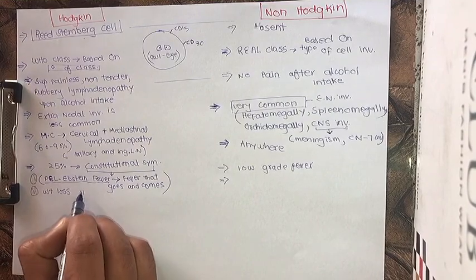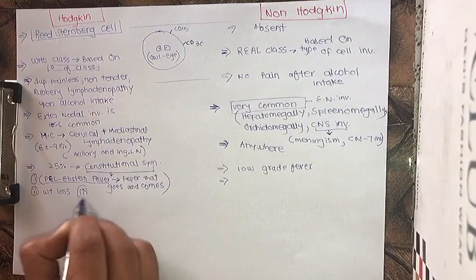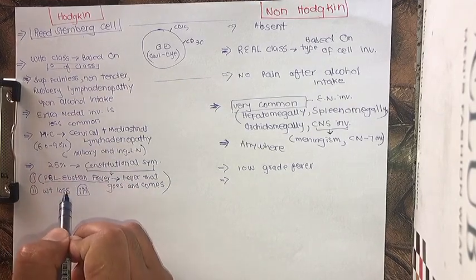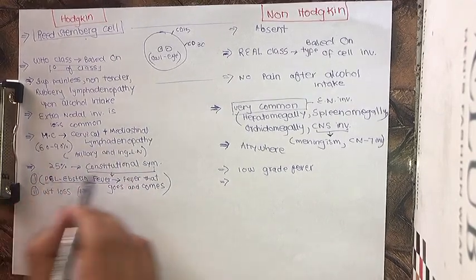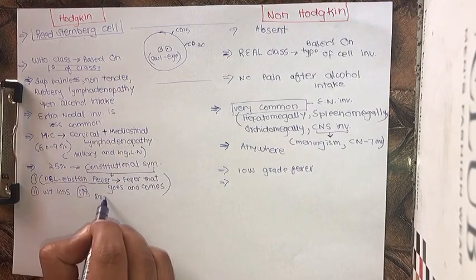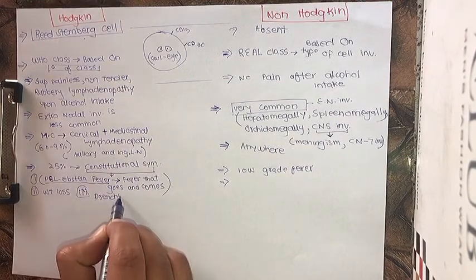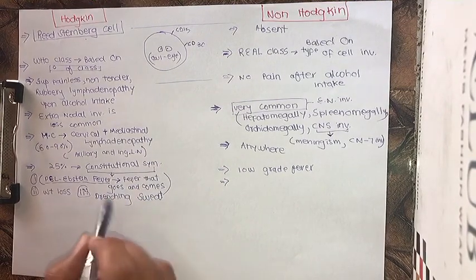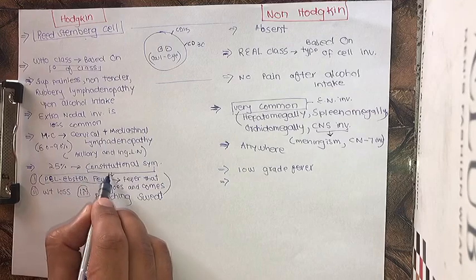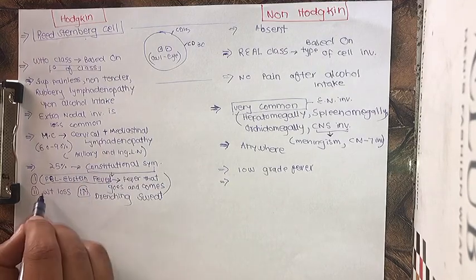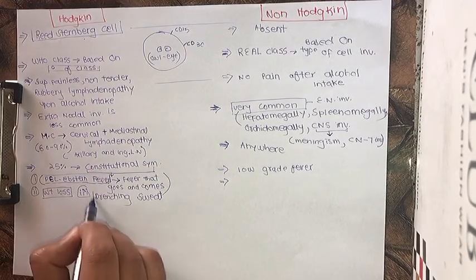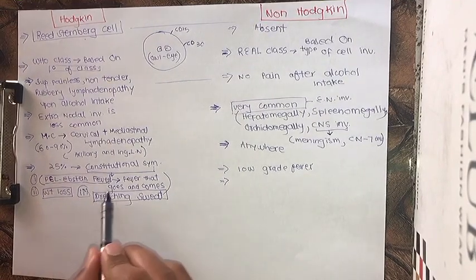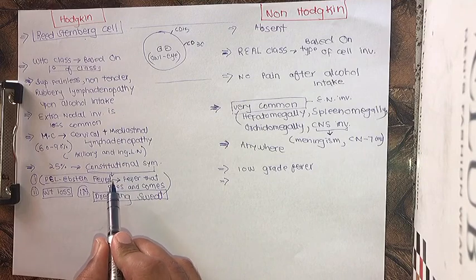We know the common presentation will be cervical plus mediastinal lymphadenopathy, and there will be drenching sweat. Drenching sweat is another feature. We have discussed there will be Pel-Ebstein fever, weight loss, and drenching sweat. These are the three constitutional symptoms seen in case of Hodgkin's lymphoma.